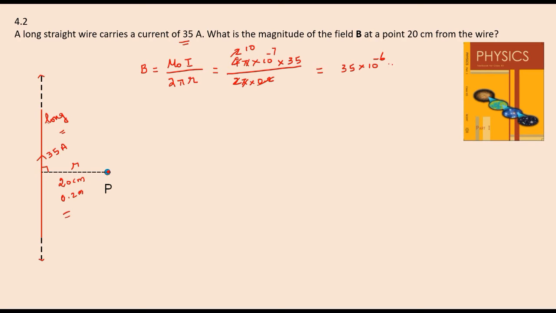Of course, unit is Tesla. So magnetic field B, you can write this as 3.5 into 10 to the power of minus 7 Tesla.